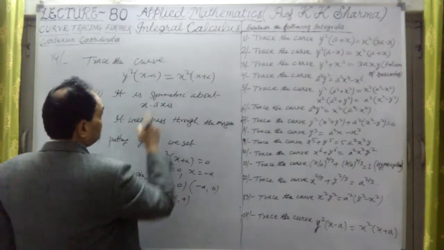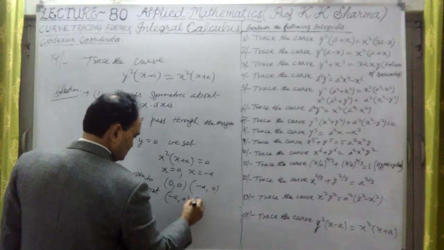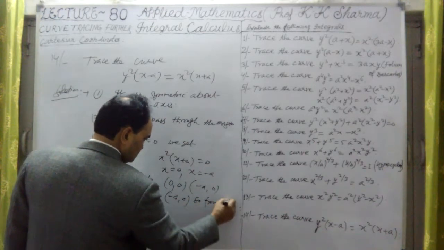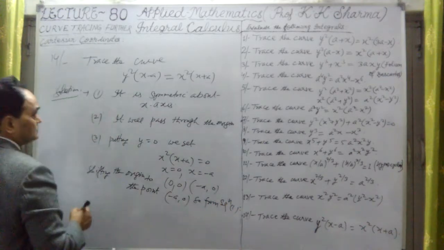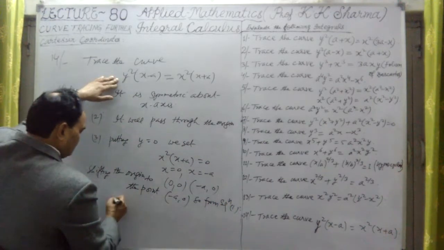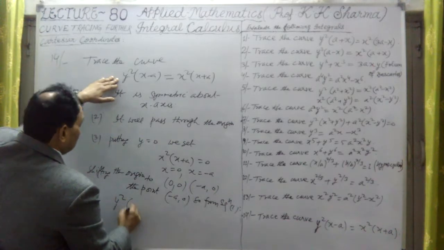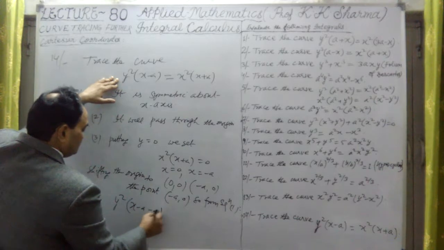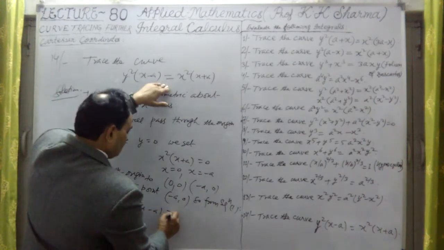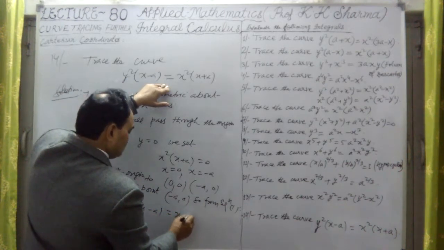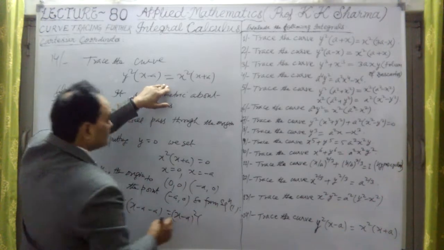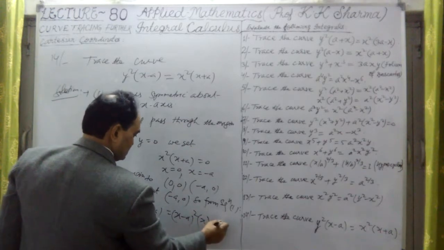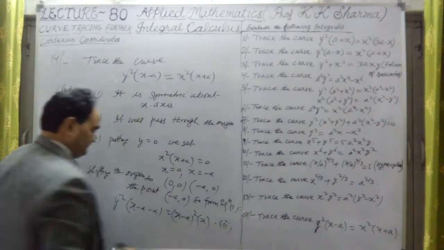from equation number 1, we get, replacing y by y, no problem. But in place of x, we have to put x minus a. So x minus a minus a is already there. It is equal to x minus a whole square, and in the bracket it will be x minus a plus a, that means x only. Second equation: y square into x minus 2a equal to x square minus 2ax plus a square into x.